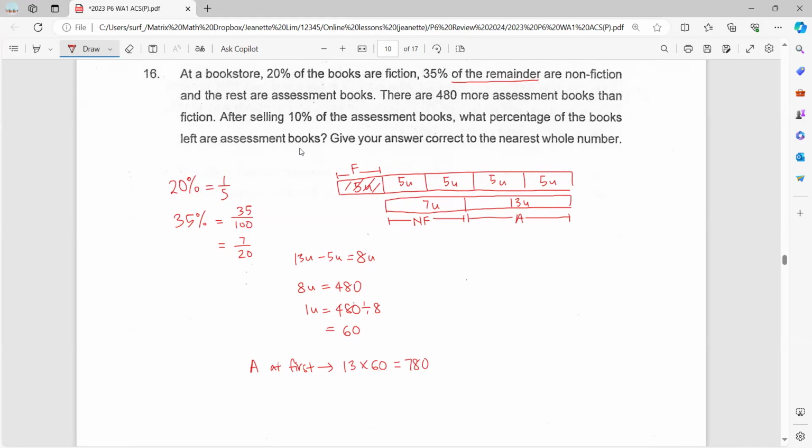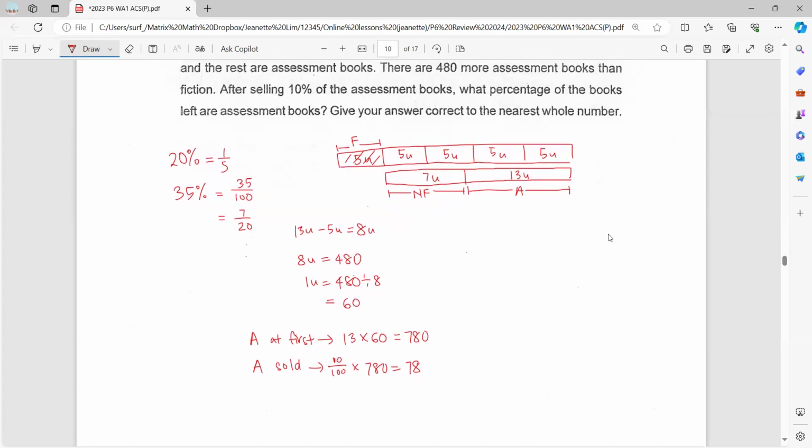Then you are selling 10%, right? So let's find how much is sold. Why can't we find 90% straight away? Because we need to find what is sold and then minus off from the total at first. Because we need to find what's the total left, right? So we need this figure. So 10% of 780 is 78.